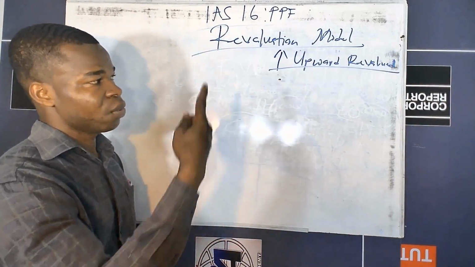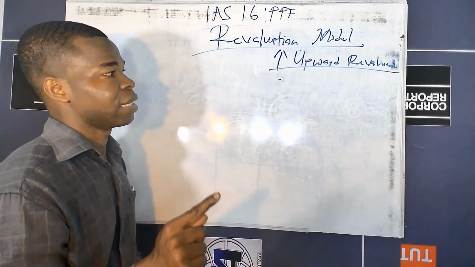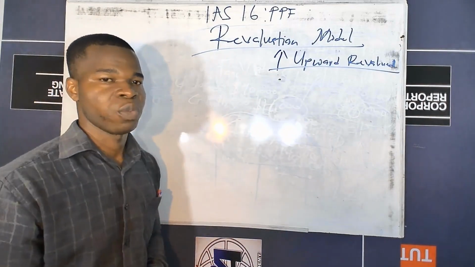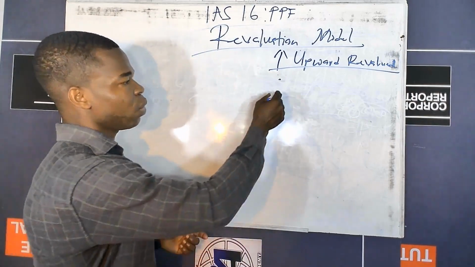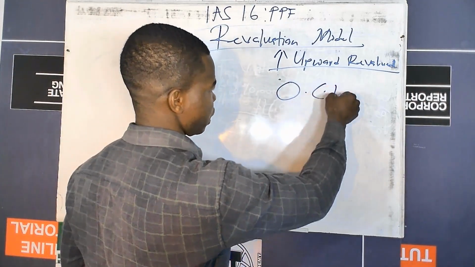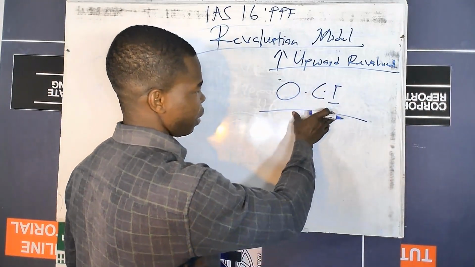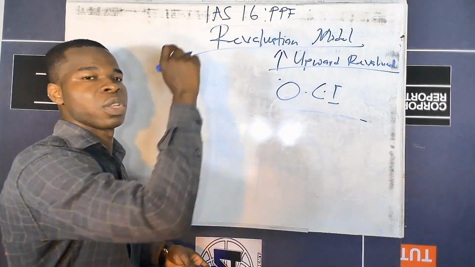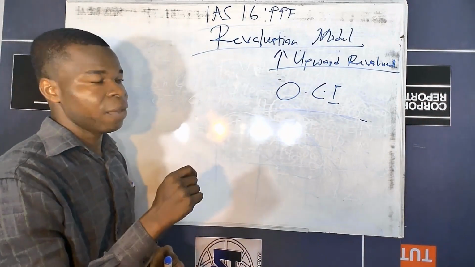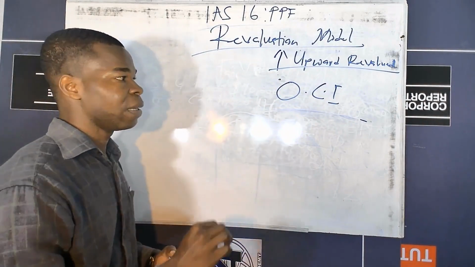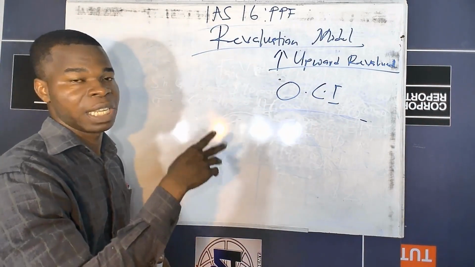When an asset is upward revalued, that means that particular asset is having a revaluation gain. And revaluation gain is always treated in the OCI. We send the revaluation gain to other comprehensive income, that is, if you don't have any opening balance of revaluation gain or revaluation loss.